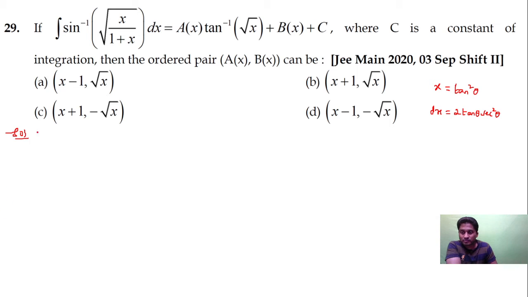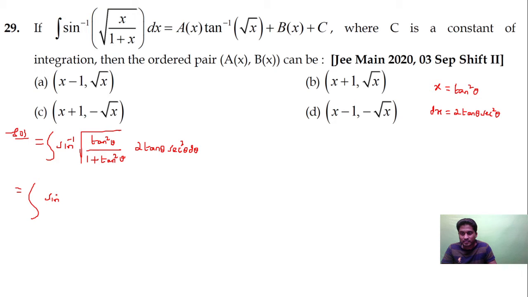This becomes integration of sine inverse of root of tan square theta upon 1 plus tan square theta, and dx is equal to 2 tan theta into sec square theta d theta. Tan square upon 1 plus tan square will be equal to sine square, since 1 plus tan square is sec square.